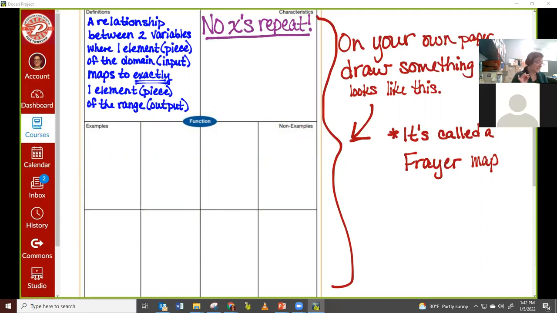If you see an X on a table that repeats itself, or an X in a list of ordered pairs that repeats itself, it has to go to the same Y value. Basically, they just double printed it. It's redundant.